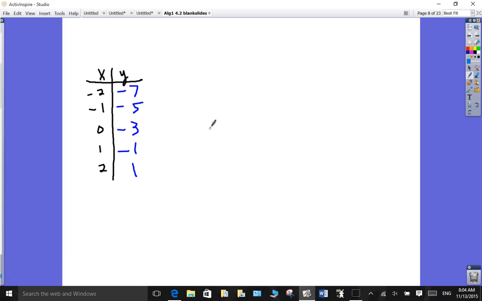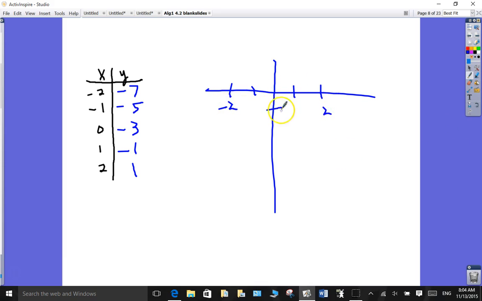My y values start kind of low at negative 7 and get up to 1. So I would probably draw something like this. That'll allow my x values to go from negative 2 to positive 2, and I'll let my y values go 1, 2, 3, 4, 5, 6, 7, down to negative 7. X and y.